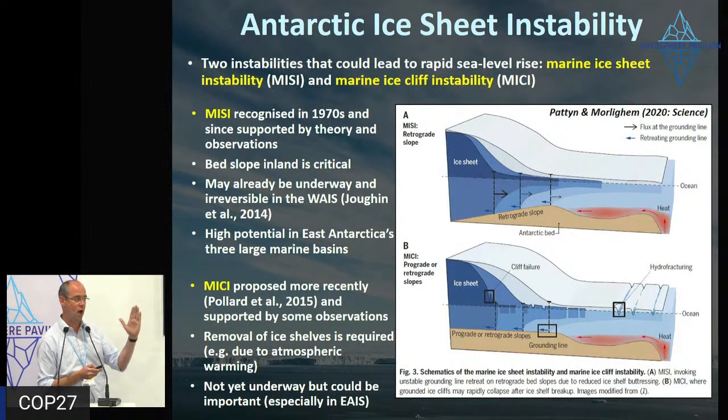And then because your ice sheet gets thicker inland, that's also a self-sustaining feedback. And so we're particularly worried about this process. It's only been theorized about relatively recently. There are some limited observations that would support it. But I think this process could potentially be quite important in East Antarctica, perhaps more so than in West Antarctica, actually. So we're particularly worried about these two instabilities, which could lead to quite high rates of sea level rise.